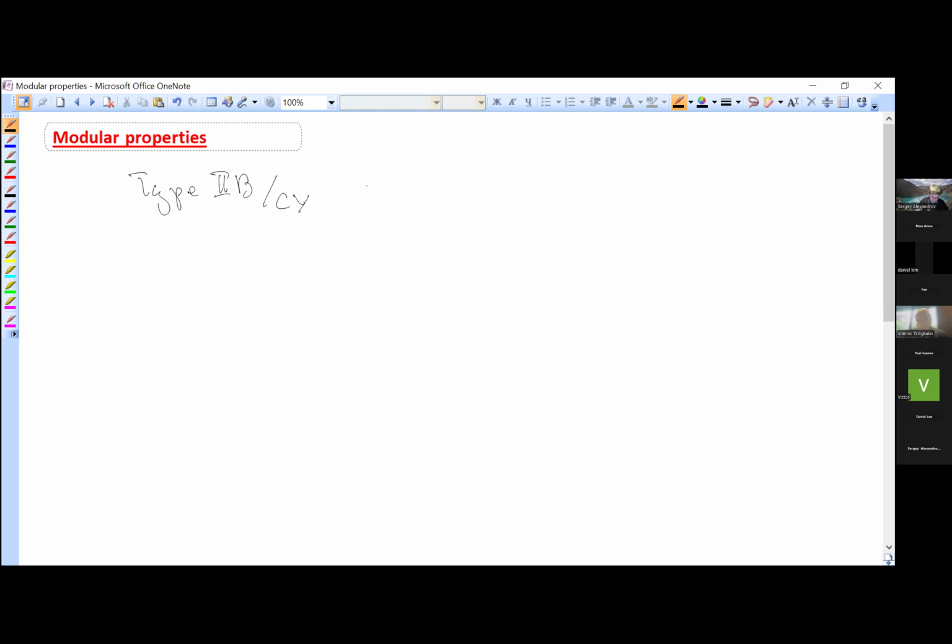And type 2B on a Calabi-Yau corresponds to a certain effective theory in 4 dimensions, which is called N=2 supergravity.